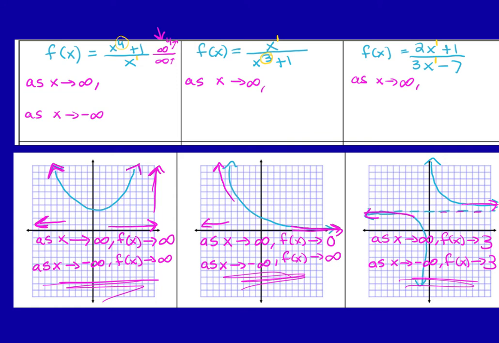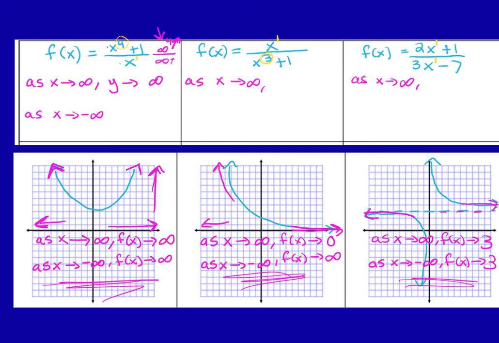Because both of these are going to be positive, you're going to keep getting a larger and larger number because it's so much bigger in the numerator. So as x approaches infinity, f of x will also approach infinity.